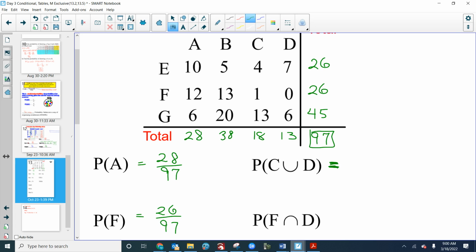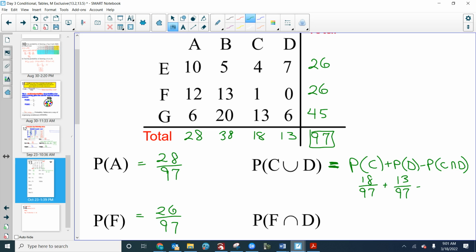All right, so or and? Or. So we want to do P of C plus P of D minus P of C and D. So P of C, 18 out of 97 plus 13 out of 97 minus, how many are there that have a C and a D on them?